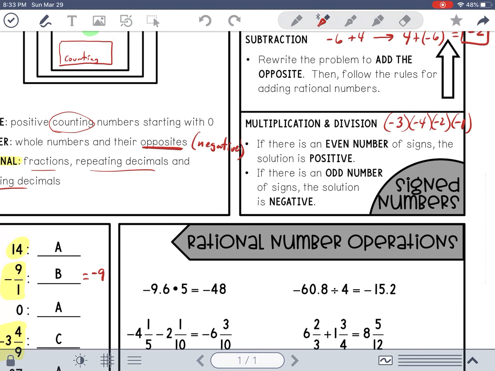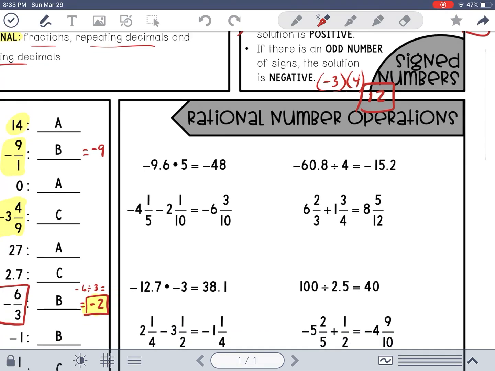But if there's an odd number, like -3 times 4, that's an odd number of signs, so your answer is negative. So the top one, -3 times -4 is 12, times positive 2 is 24, and then -3 times 4 gives me a 12.